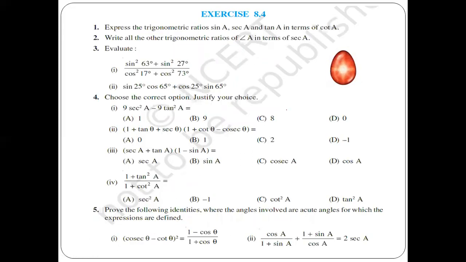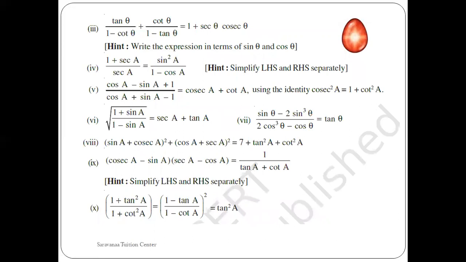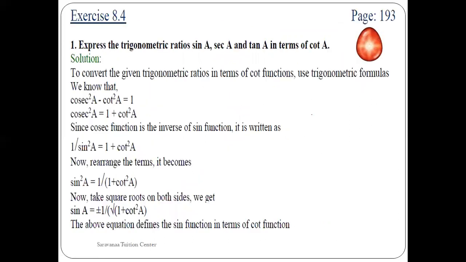So now entering into the 8.4 exercise. Okay. Express the trigonometric ratios sin A, secant A, and tan A in terms of cot A. So simple. First, to convert the given trigonometric ratios in terms of cot A function, use trigonometric formulas. We know that cosecant square A minus cot square A equals 1.